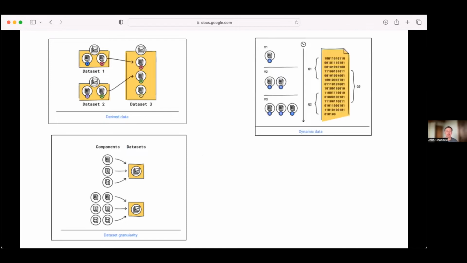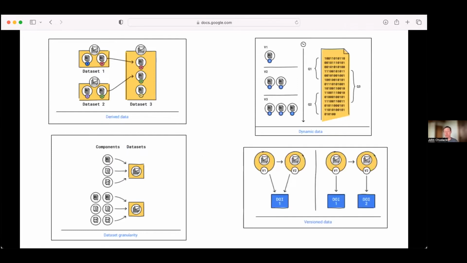They can also be dynamic, so data sets that grow over time. And they can also be versioned. So these are different ways that data is a beast that is very different from what we in scholarly communications have built, the systems we built to tackle things like publications.